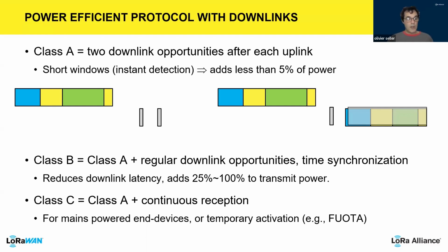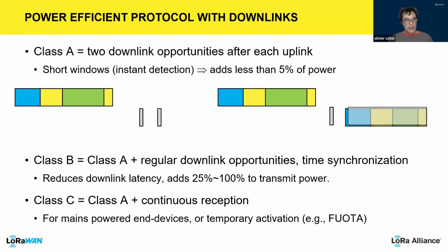So the end device will open multiple such reception windows, downlink opportunities, based on a grid, and therefore that's why we need time synchronization. And the number of these additional reception windows in class B is between 1 per 2 minutes and 1 per second. So if you keep it at 1 per minute, the additional power consumption can be as low as 25%, and of course, if you increase, it can be up to 100% or more.